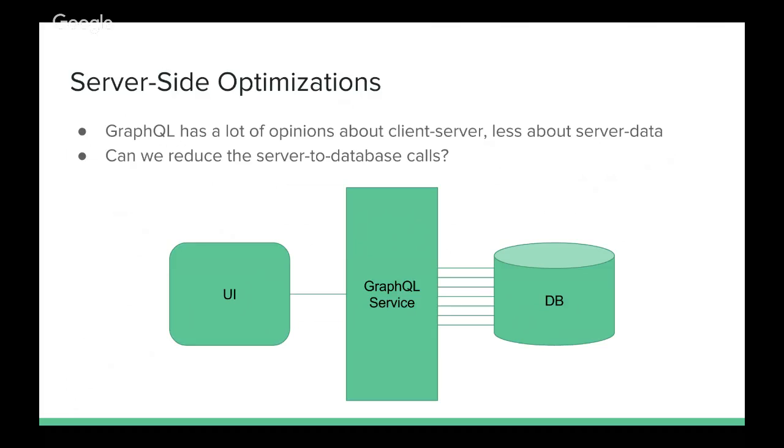So yeah, going back to this diagram, we've done a lot focusing on UI and GraphQL as a service, and optimizing the amount of calls that are happening between those 2 points. But we still have the GraphQL service making a lot of calls to the database. And the question is, can we reduce those server to database calls?